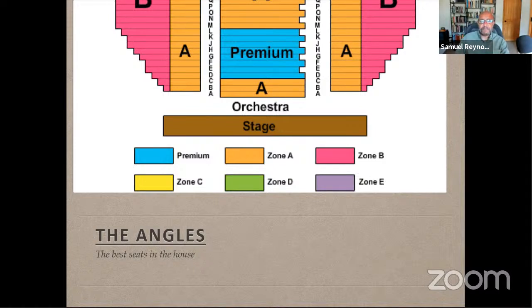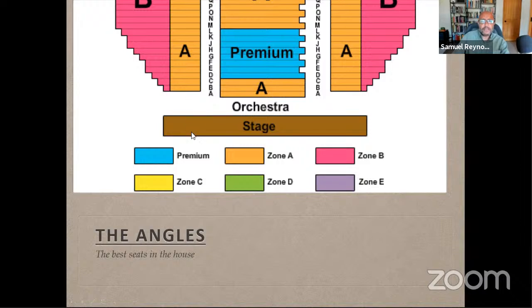But this is the illustration, and I have spent a lot of time sometimes obsessing over where to sit, especially in a venue I don't know as well, like when I would go to Broadway plays or musicals. So when you're doing that, you're trying to figure out where the best seats are that, one, you can afford, and two, if you can afford them, make sure you're maximizing your dollars spent.